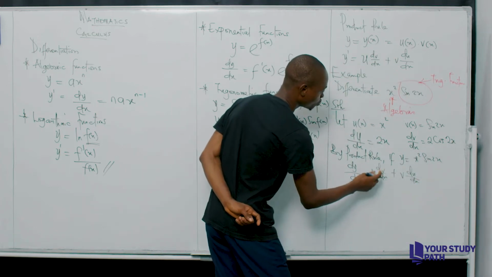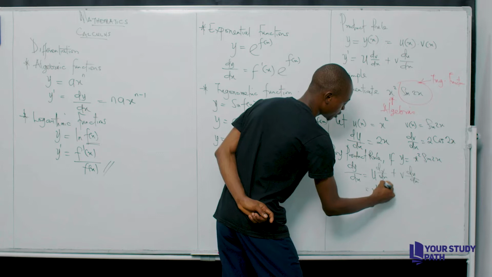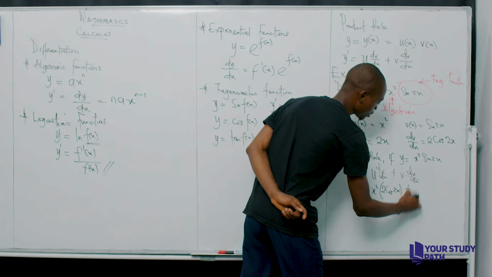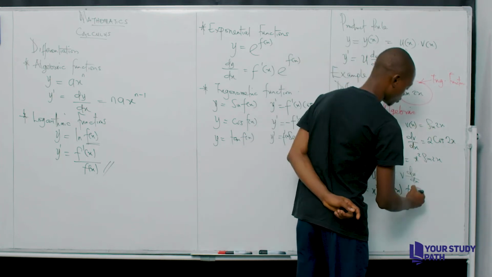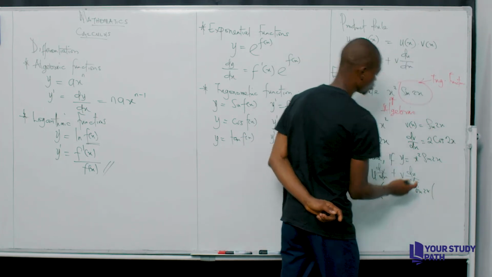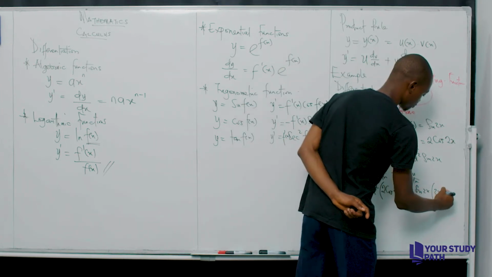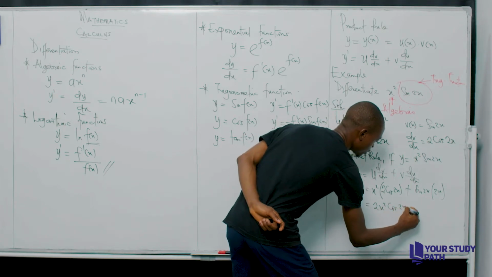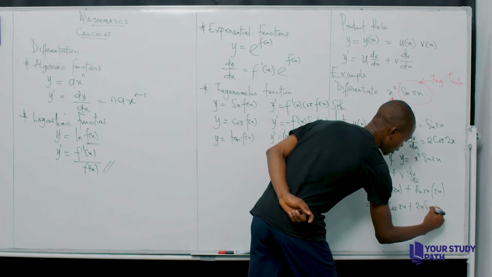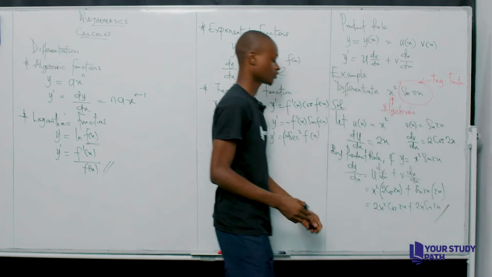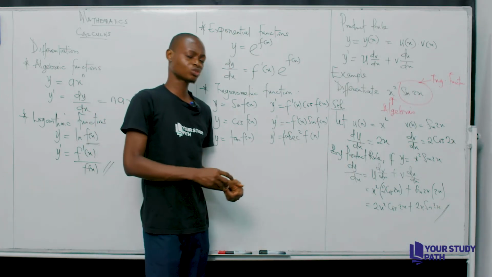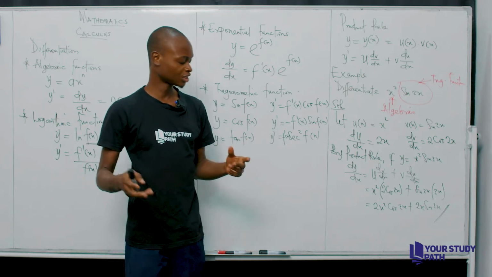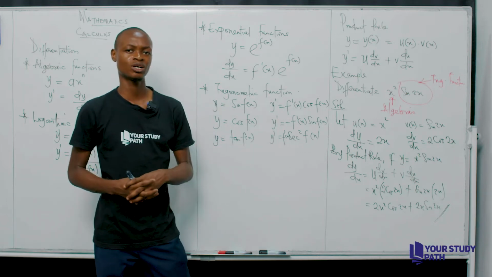This means that we are holding u, which is x squared, into the differential of v, 2 cos 2x, plus v, which is sine 2x, into du dx, which is 2x. And then we'll have this as 2x squared cos 2x plus 2x sine 2x. Final result. Of course, you could still move further and carry out the factorization of this function. That will be completely acceptable as well.